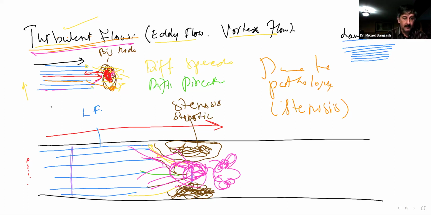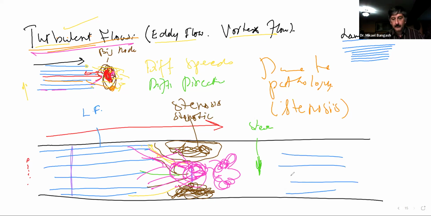What I said earlier was that there will be a slight area where the flow is going to be steady. And then we may go back into a laminar flow ultimately.